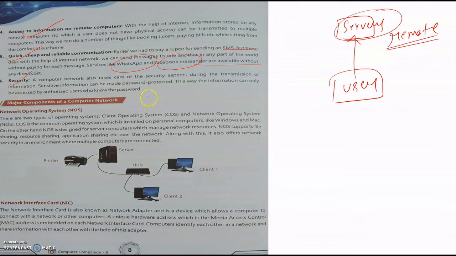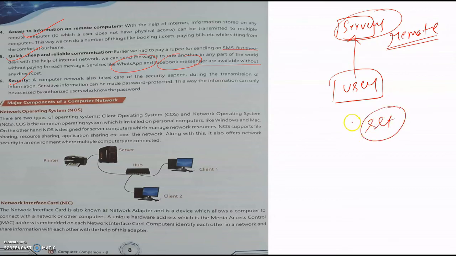Security. A computer network also takes care of security aspects during the transmission of information. Sensitive information can be made password protected, so information can only be accessed by an authorized user who knows the password. You can set a password on your file.